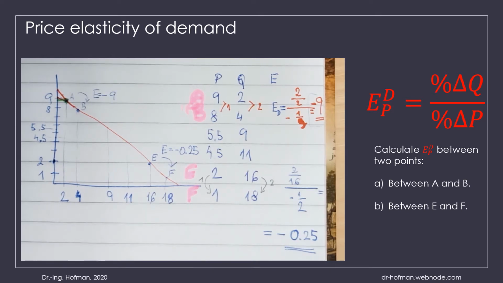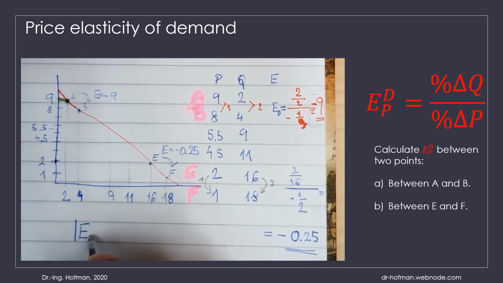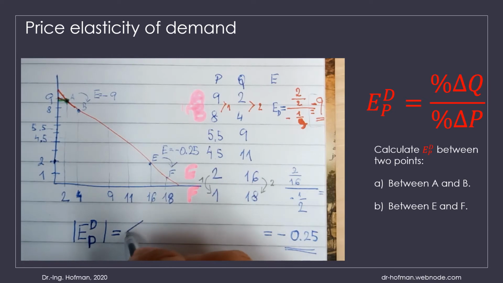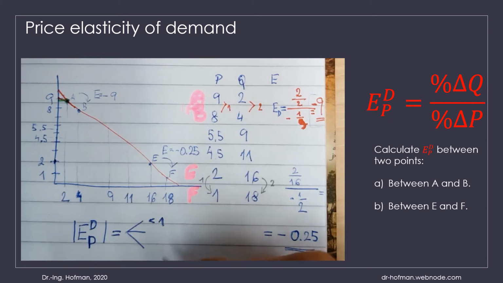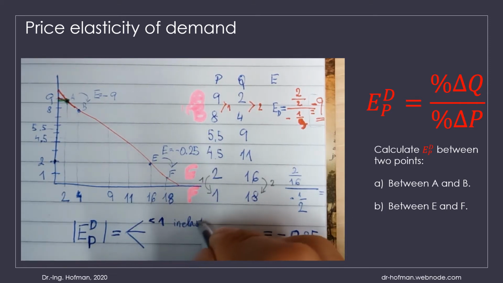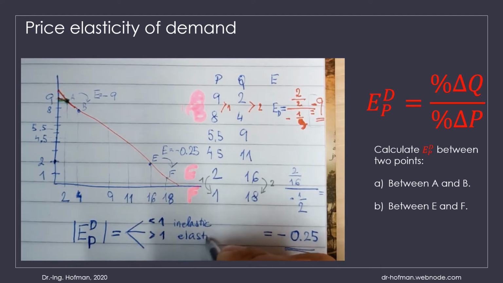You remember that price elasticity of demand in absolute value can be less than 1, and then it's inelastic, or it's more than 1, it's elastic, or it's 1, it's unit elastic.